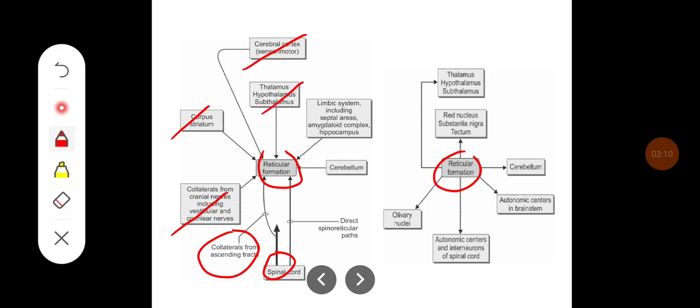There will be inputs from the limbic system, including septal areas, amygdaloid complex, and hippocampus, and also from the cerebellum. The main output is to the olivary nucleus, to the red nucleus, and to the thalamus, hypothalamus, subthalamus, cerebellum, and autonomic centers in the brainstem, and then autonomic centers and interneurons in the spinal cord.